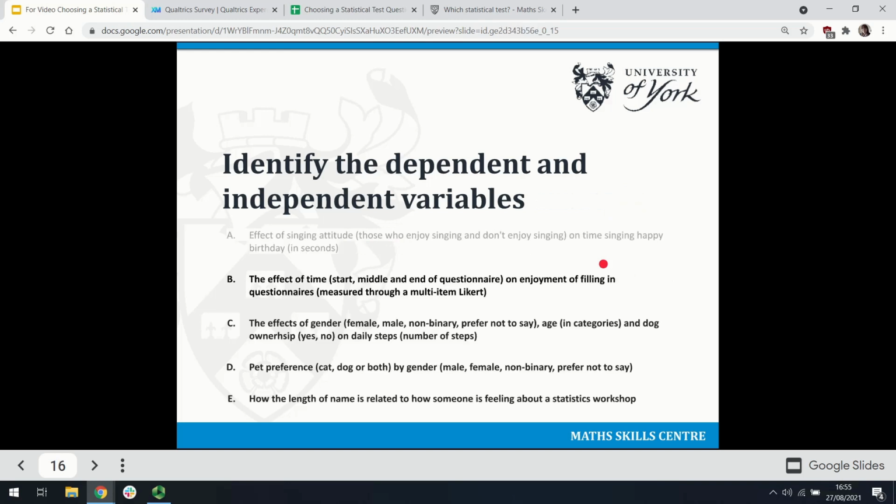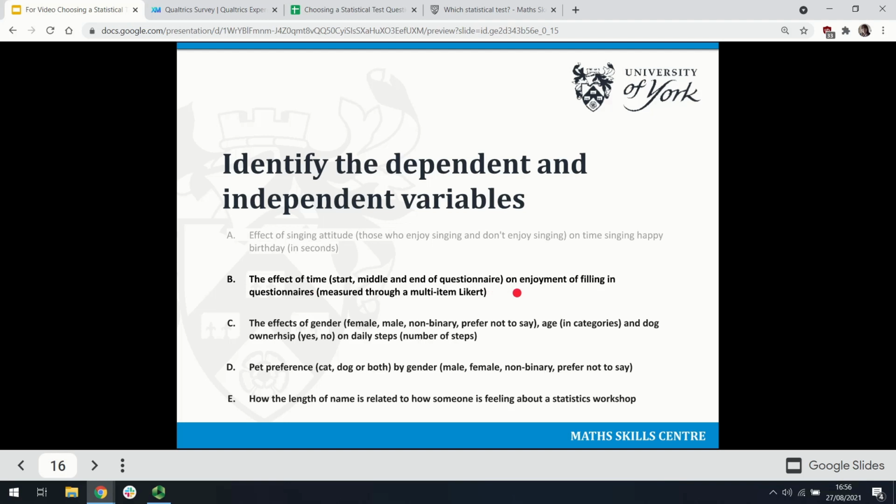Now what I want you to do is identify the dependent and independent variables in each of these other scenarios. Before you do that, just remember that in this first example, time singing happy birthday is measured in seconds. It's just the name of the variable. We've got the variable time in the second example, but it's a very different variable.